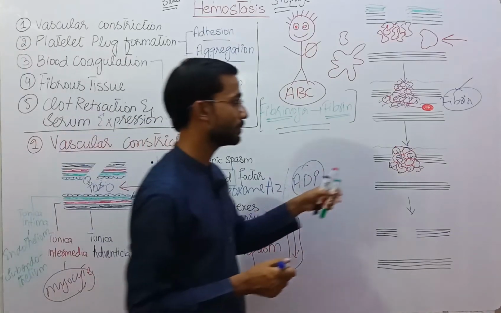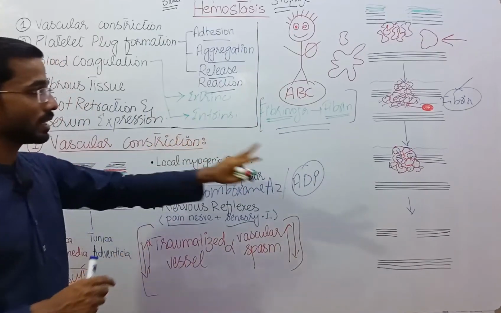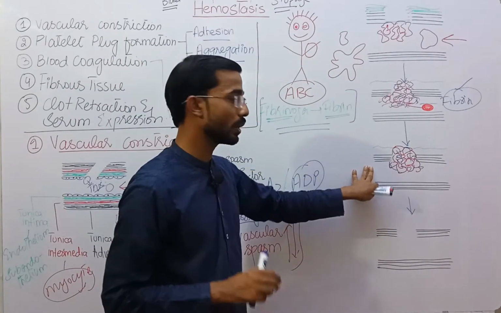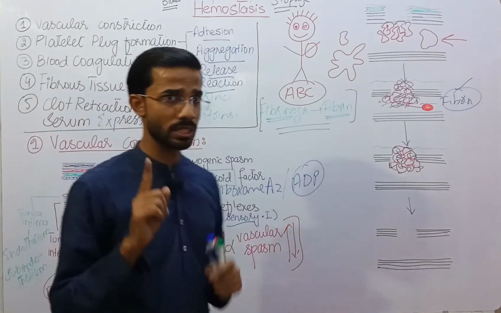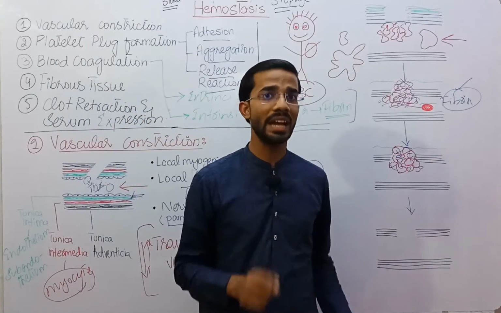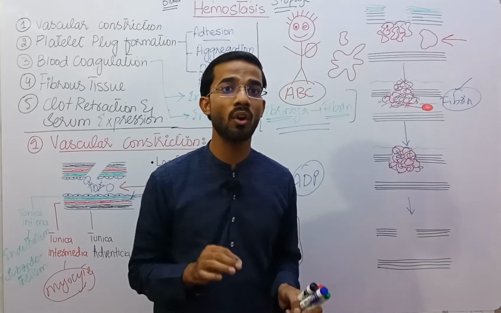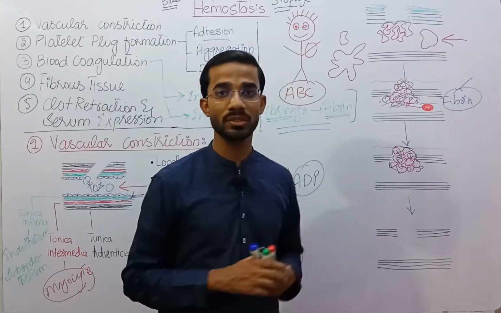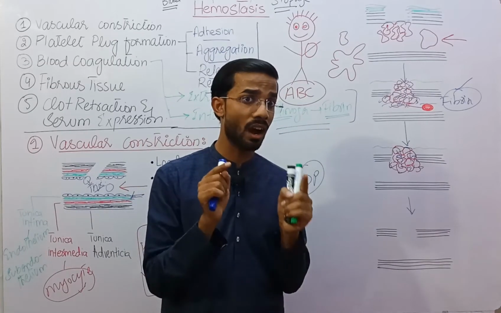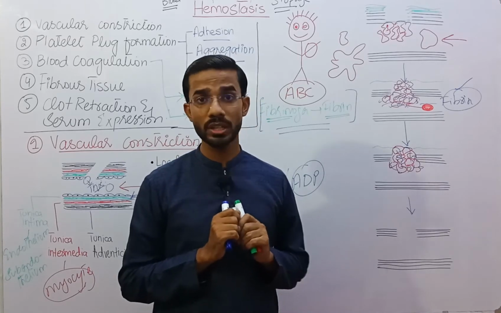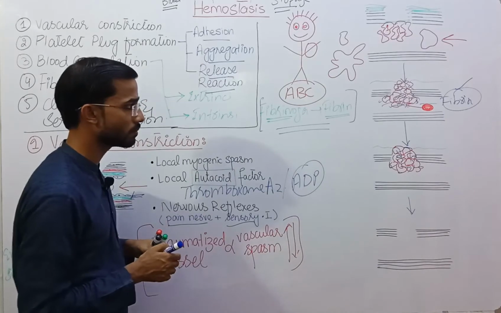But there is a problem. This clot is converted into fibrous tissue. As you see, when injury occurs and after healing, the skin at the injured site is not the same as the previous one. There is a scar formation. It means that the scar is basically due to the conversion of the clot into fibrous tissue.